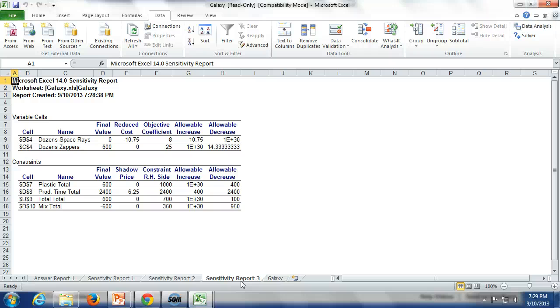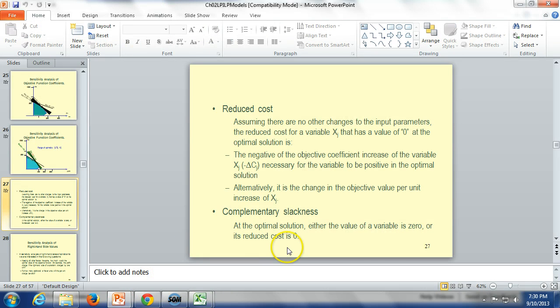The other thing it tells me is, if I say the hell with it, I'm going to make a dozen space rays, which I'm entitled to do, my profit's going to go down by $10.75. Let's look at that definition again after that explanation. It is the negative, remember it was negative 10.75?